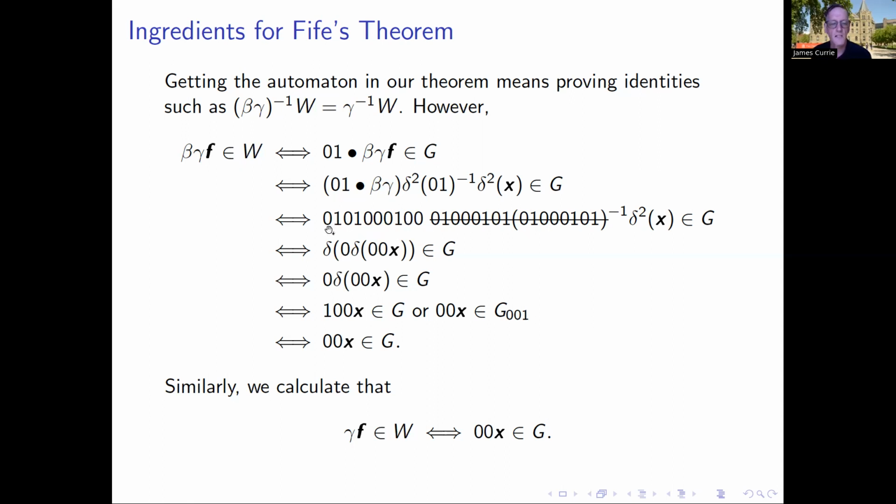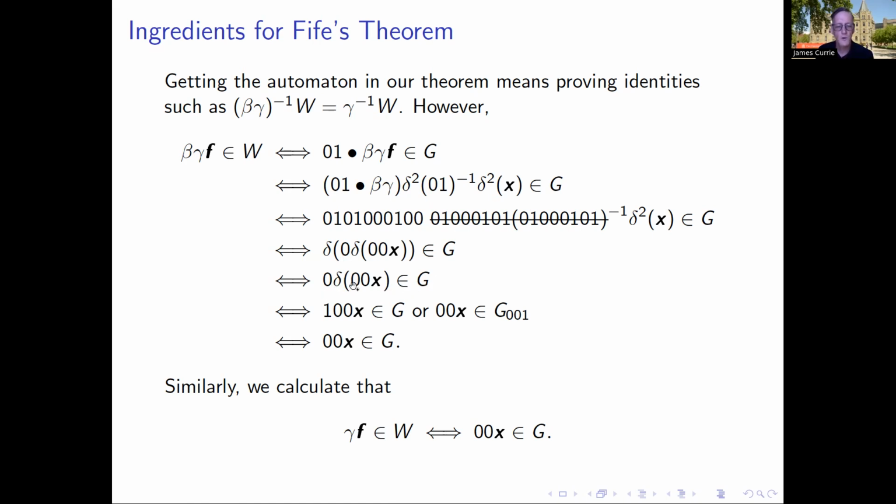I recognize this is delta of 0, 0, 1, 0, 1, which is, I parse this to get this. So this must be good. However, now I use my lemma, delta of something is good if and only if the argument is good. But now I have 0 delta of something is good.